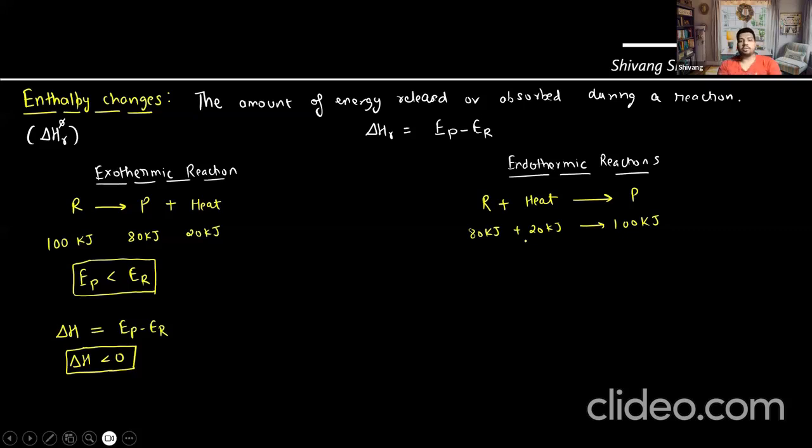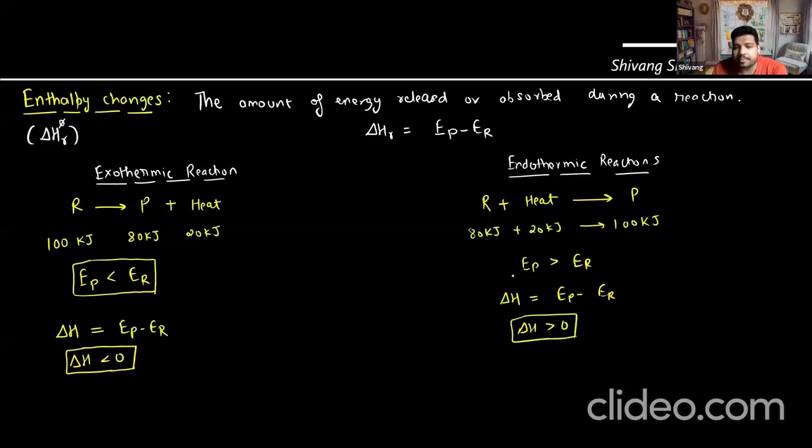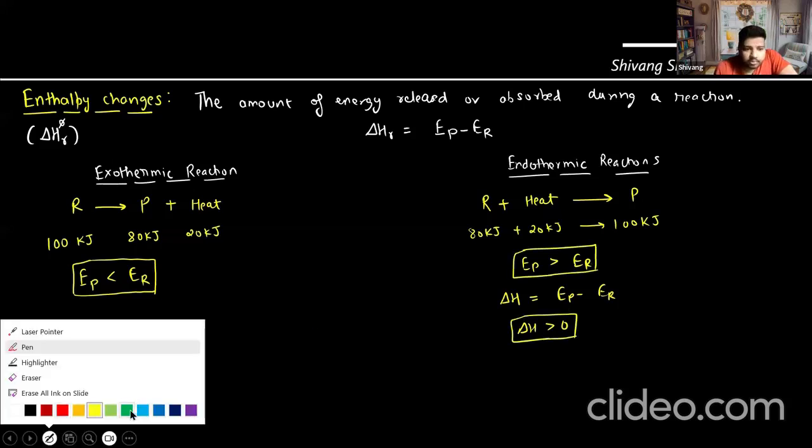So the reactant is absorbing energy here rather than releasing energy, right? So here we have obviously EP greater than ER, and because EP is greater than ER, delta H is equal to EP minus ER, and that would make delta H greater than 0. In endothermic reactions, enthalpy changes are positive.